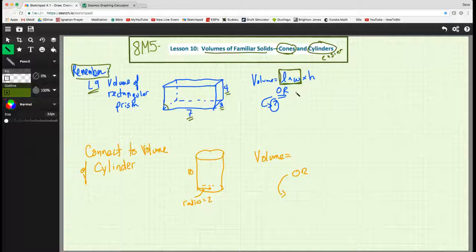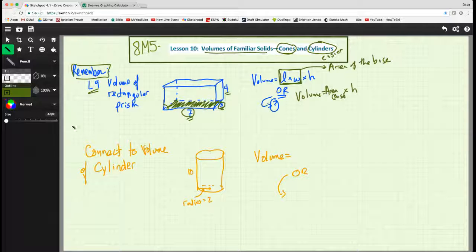If we multiply these two, it's just the area of the bottom of the object, the area of the base. So you can also write the formula not as length times width times height, but as the volume is the area of the base times the height.